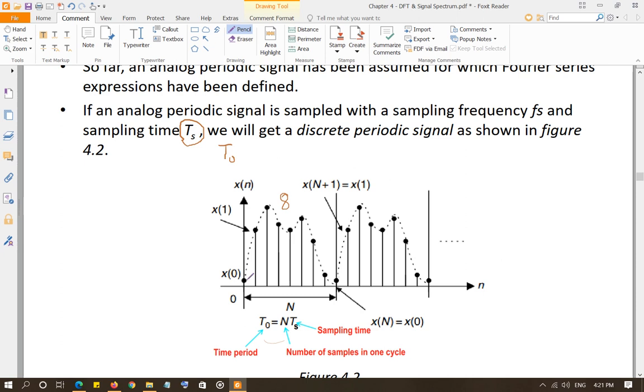I have samples x0 to x7, a total of 8 samples in one period. If you know the sampling time and how many samples are in one period, you can easily find the time period of the signal through the relationship n times Ts.